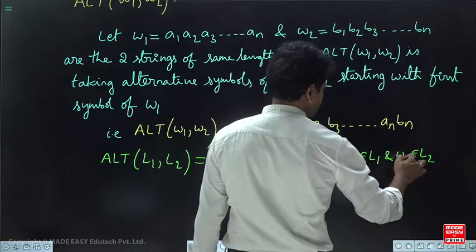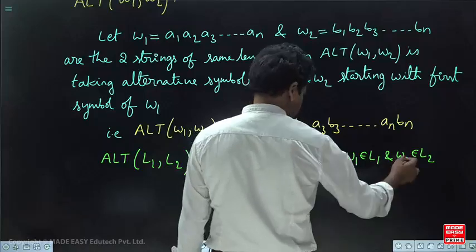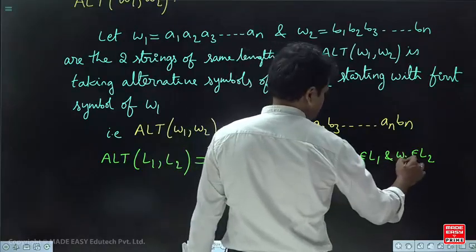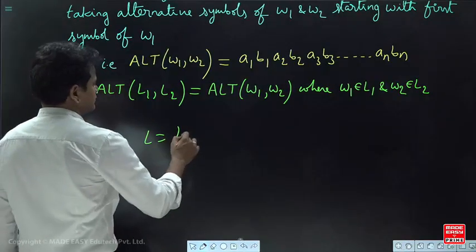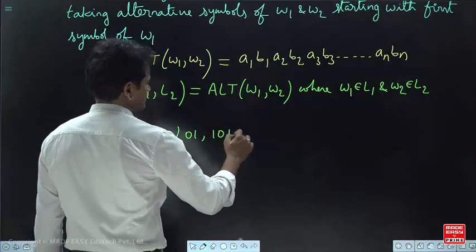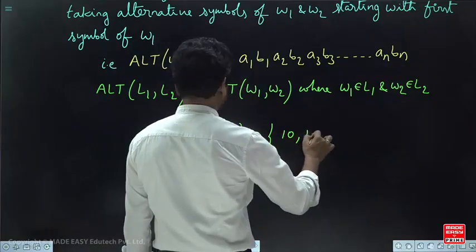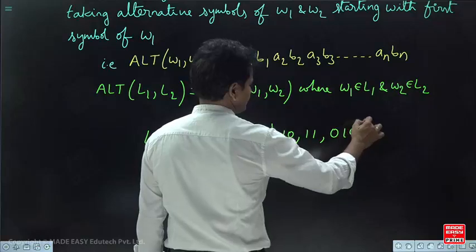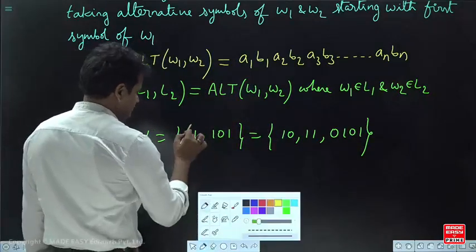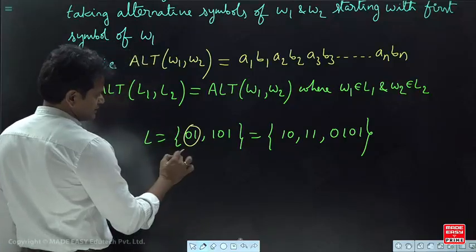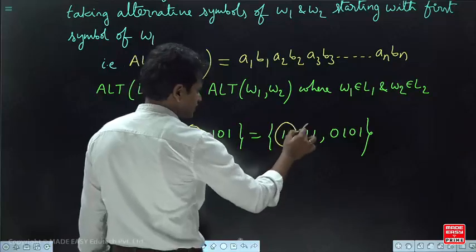Okay, suppose guys, there are the strings like this, 0, 1, 1, 0, 1, two strings. Here 1, 0, 1, 1 and 0, 1, 0, 1. Okay, like guys, look at this one. Here length of this one is 2. So you can write alternative with 0, 1 with this one and also this one.